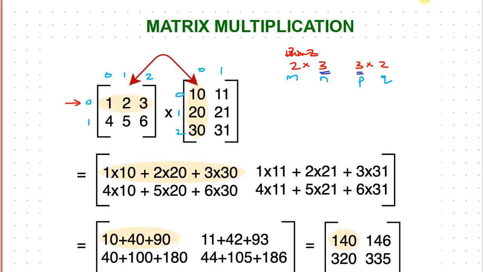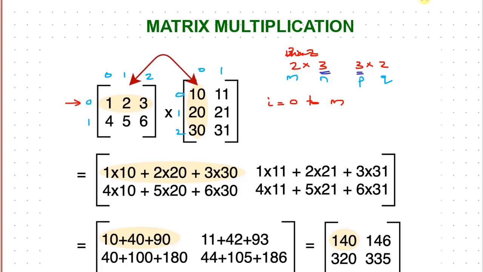So we need 2 for loops for that. One is for I, it goes from 0 to this value M, because we have to first select this row and perform all the calculation, and then go to the next row and perform all the calculation.